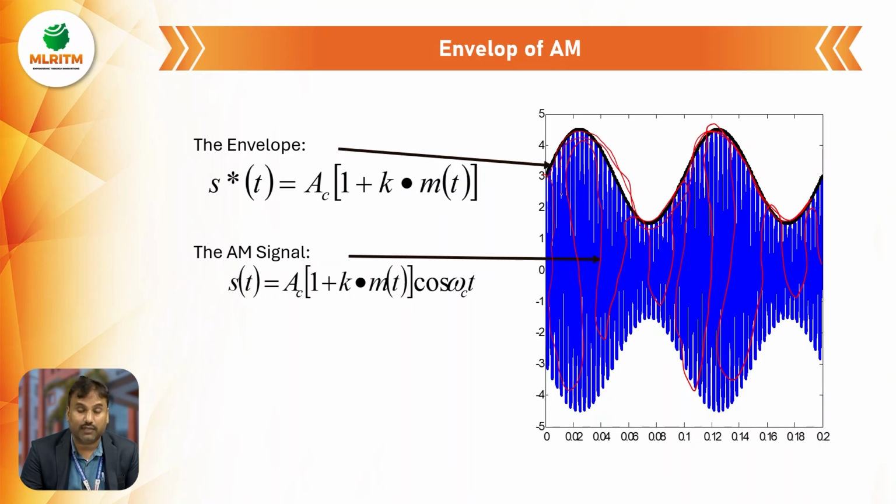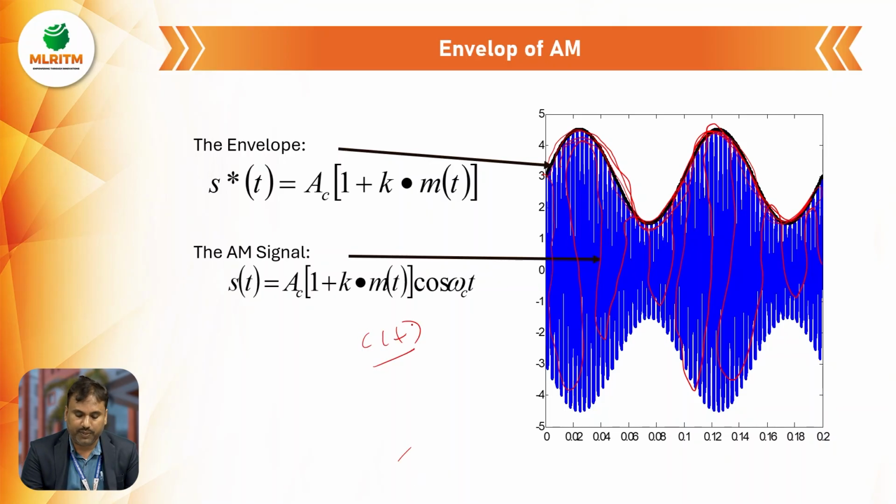It is sitting on the carrier signal in the form of variations of the amplitude of the carrier signal. The carrier signal is carrying the modulating signal, and that is why C of t is said to be the carrier signal.